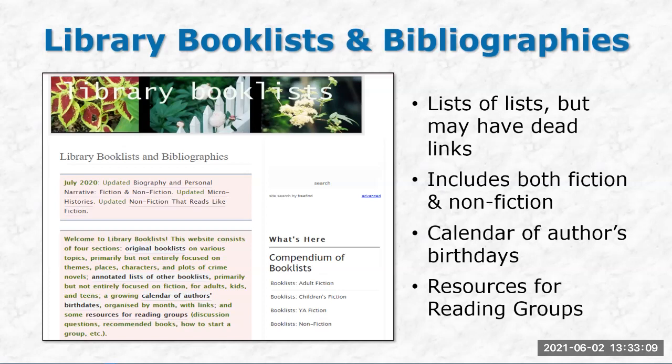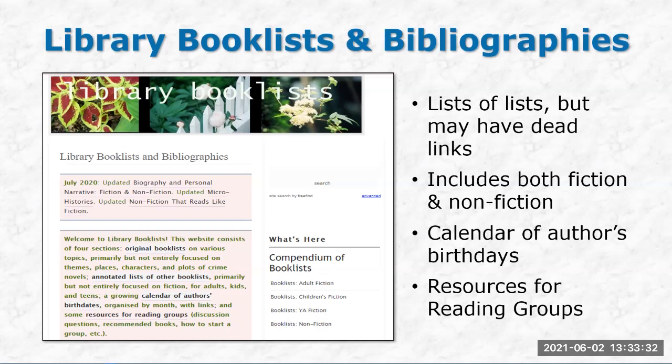It's well worth looking at, but I will warn you that you might click on a link and it might not work, because a library does reorganize their websites, and they may not realize that the link to their original list was still out there on the internet.